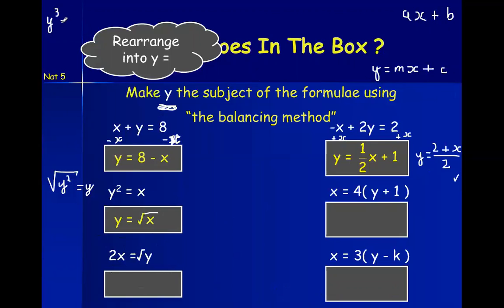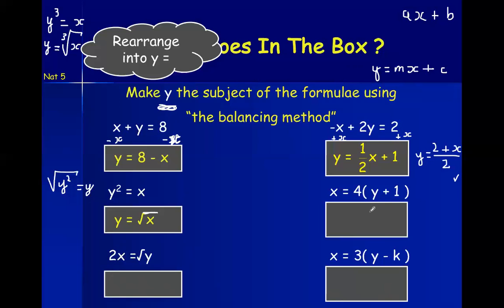If they told you y cubed equal x, then your answer would be y equal cube root of x, which is that cube root with a 3 there. But they've asked us for the square, so we square root. Remember, we've got an invisible 2 there. Just mathematicians being lazy, they're not going to put the 2, the same way they don't put a 1x if they don't have to.